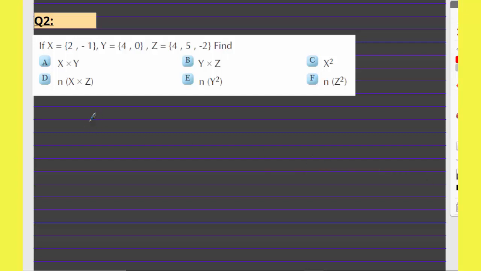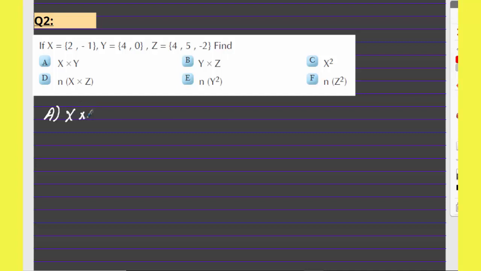Question 2. Here we have x is 2 and negative 1, y is 4 and 0, z is 4, 5 and negative 2. Then find A, x cross y.